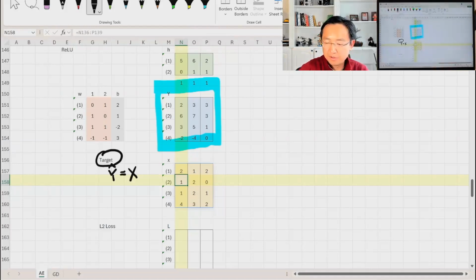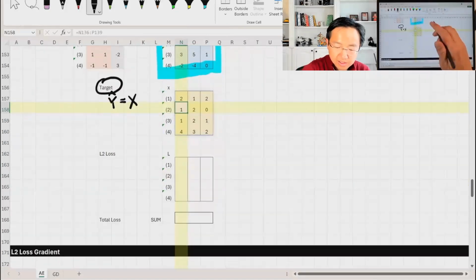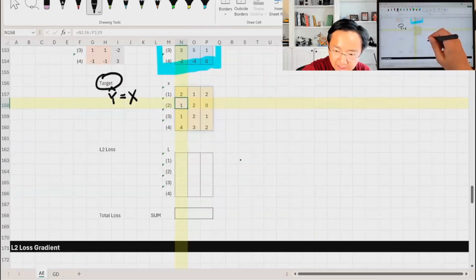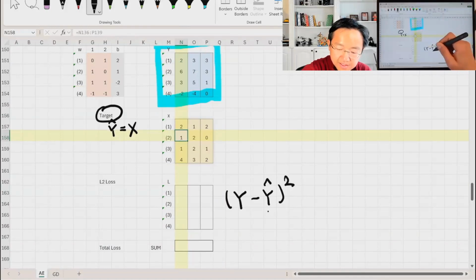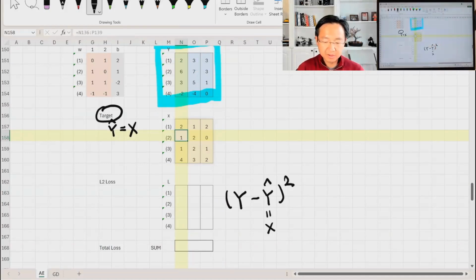For L2 loss, the equation is: I want Y minus my target, and then take the square of it. In this case, because my target is X, this is my L2 loss.